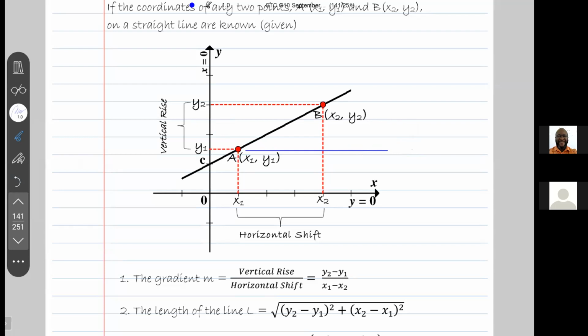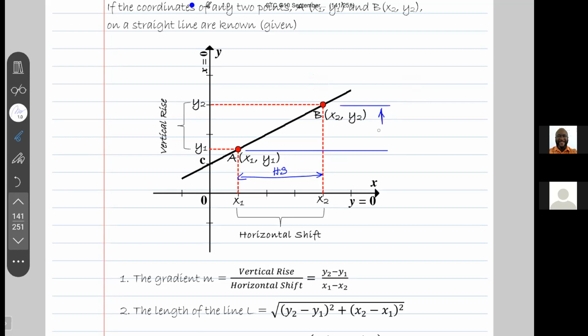In moving from A to B, this would be the horizontal distance I would have moved. That distance is called the horizontal shift. In moving from A to B, this would be the vertical distance I would have moved.